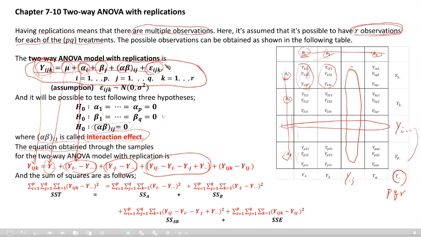Okay, what is the error term? In this case, there are many observations, and the sample mean of these R observations is y11 dot.